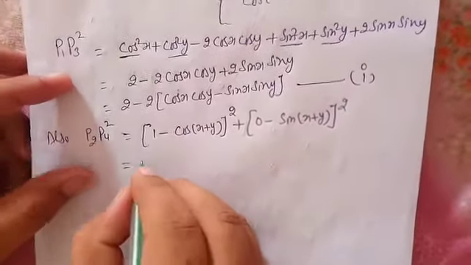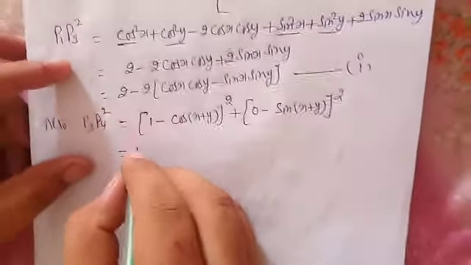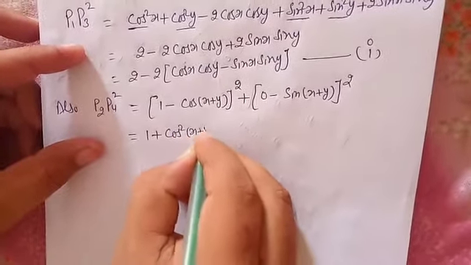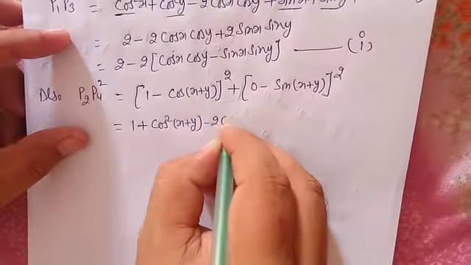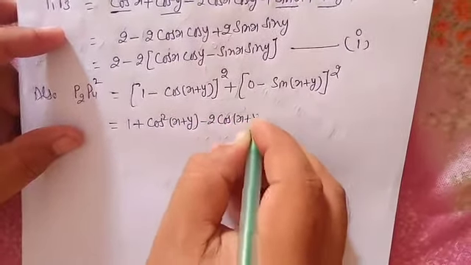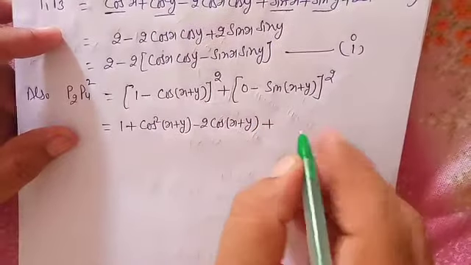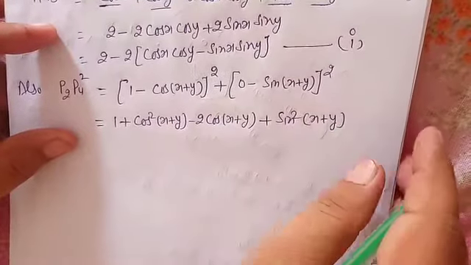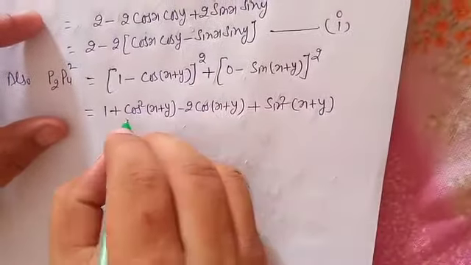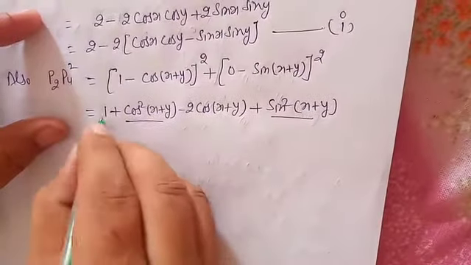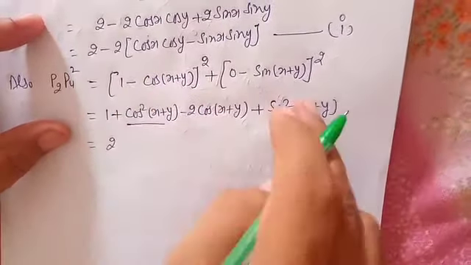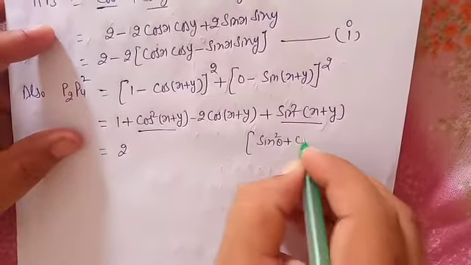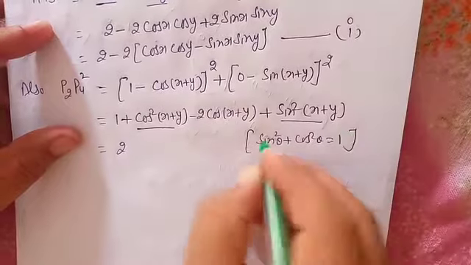This becomes 1 plus cos square of x plus y minus 2 cos of x plus y, and this becomes sine square of x plus y. Again this and this, what? 2, and 1 plus 1 is 2, because sine square theta plus cos square theta is equal to 1.